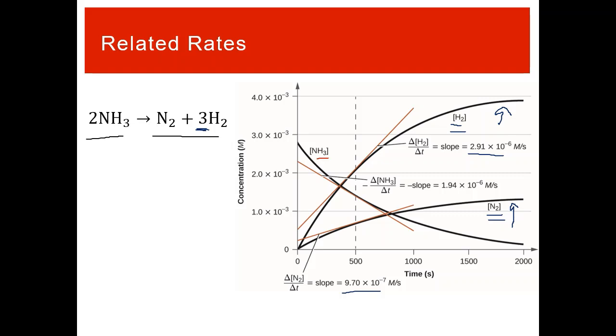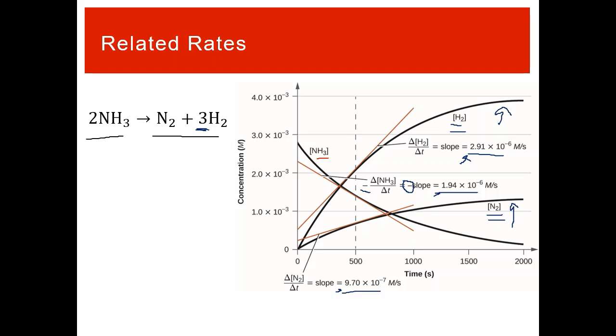And then the NH3, it is negative, right? So we expect it to be negative, and so they've taken the negative of it here to get the value, and then it's kind of an intermediate number. It is 2 times the rate of the N2, so this is 9.7 times 10 to the -7. Multiply that by 2, you get the 1.94 times 10 to the -6. If you multiply by 3, you get the 2.91, or close to 2.91.